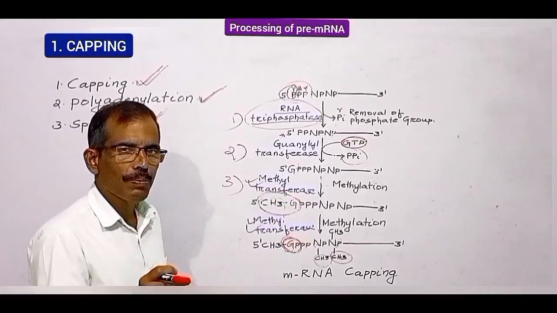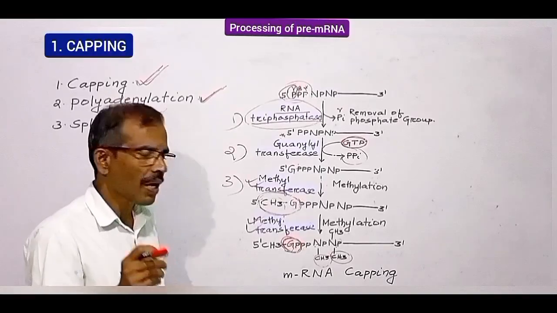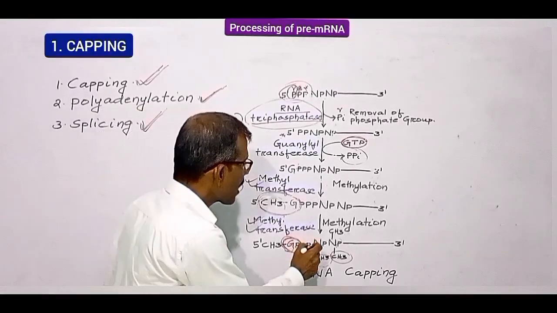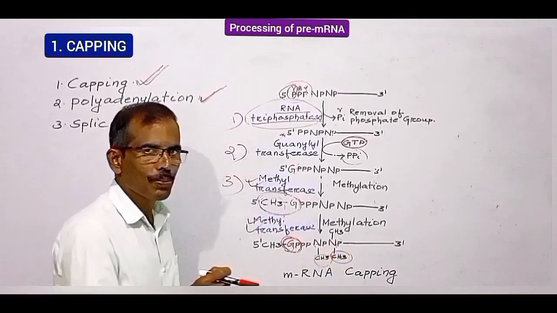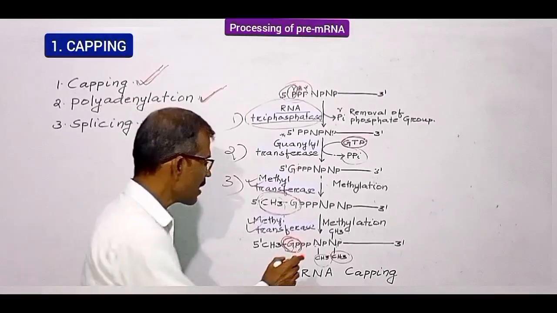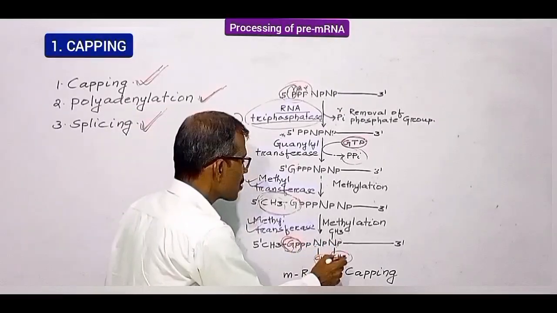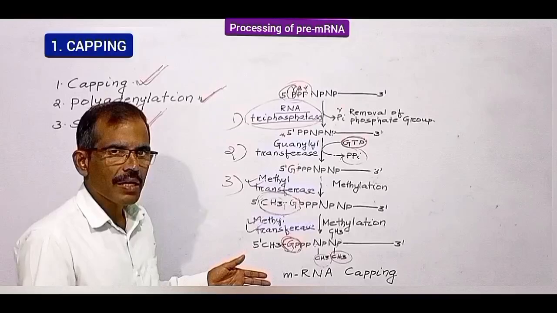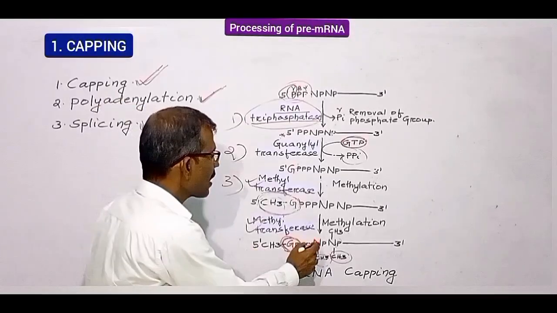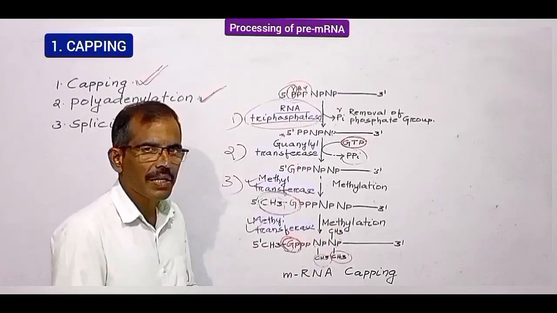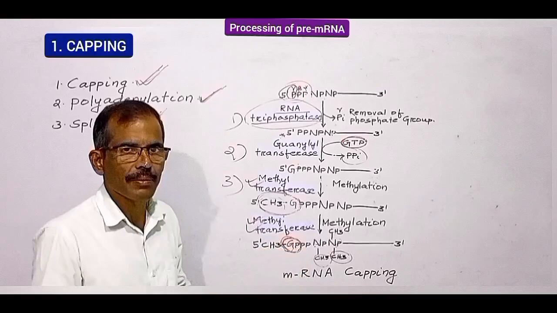This is followed by the addition of methyl groups to the carbon 2 hydroxyl group of the sugar of the 2nd and 3rd nucleotides. Rarely, the base of the 2nd and 3rd nucleotides may also be methylated.